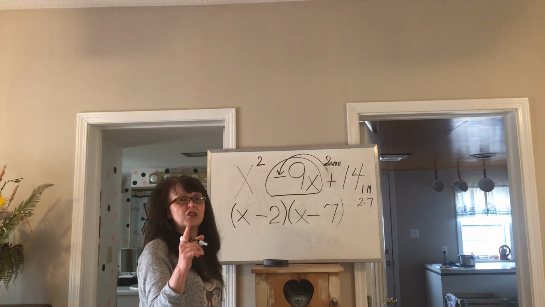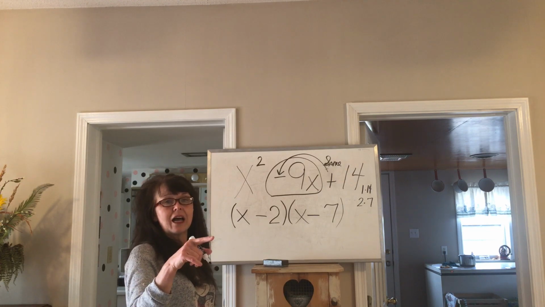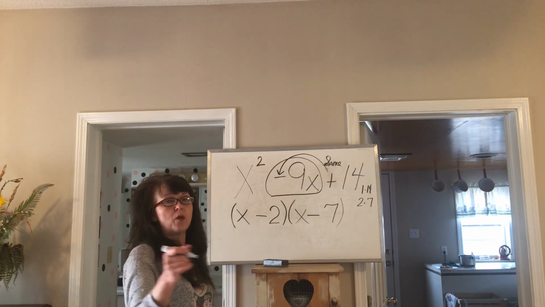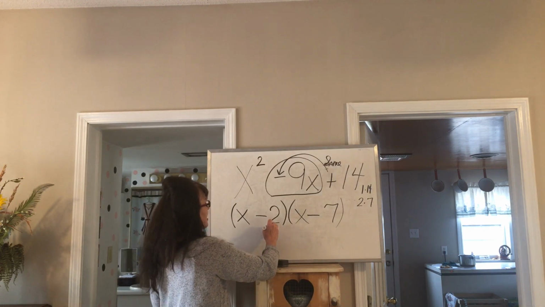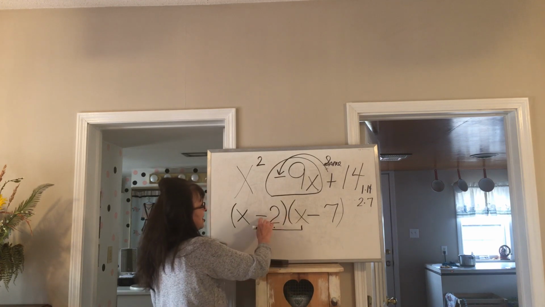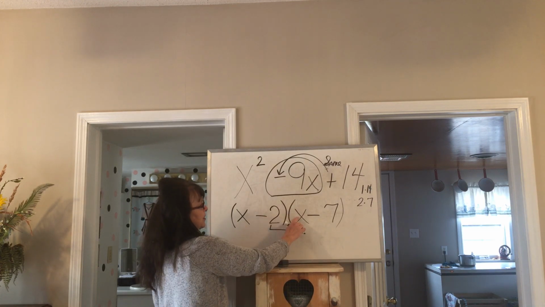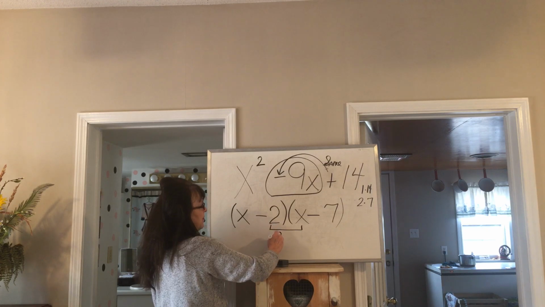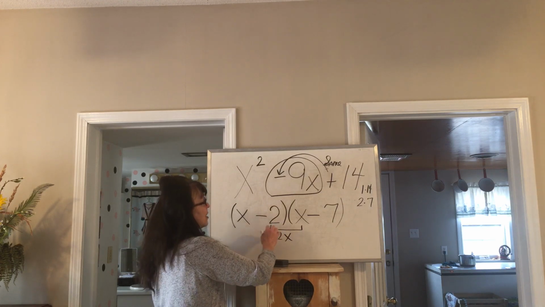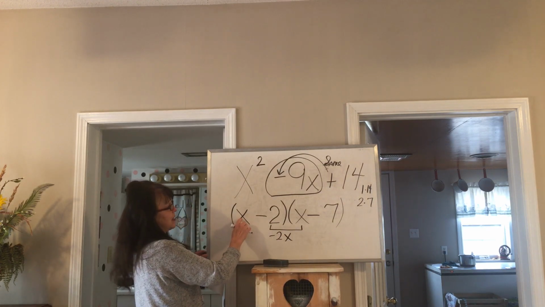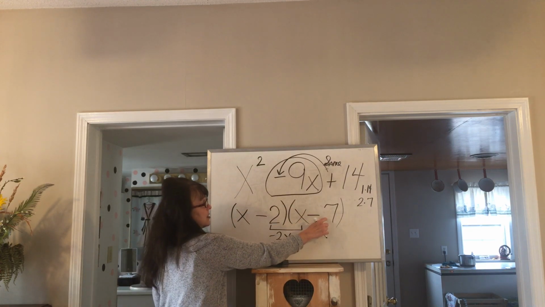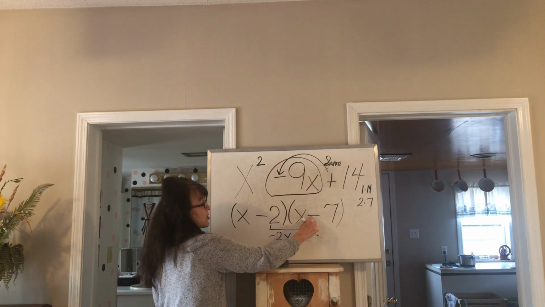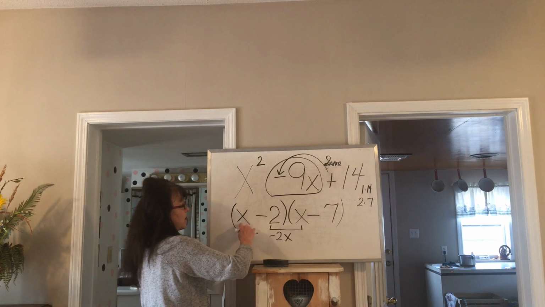How did we check that yesterday? Inside, outside of foil. So on the inside, you got negative 2x. On the outside, you got x and a negative 7. So put the sign first, then the number, then the variable.